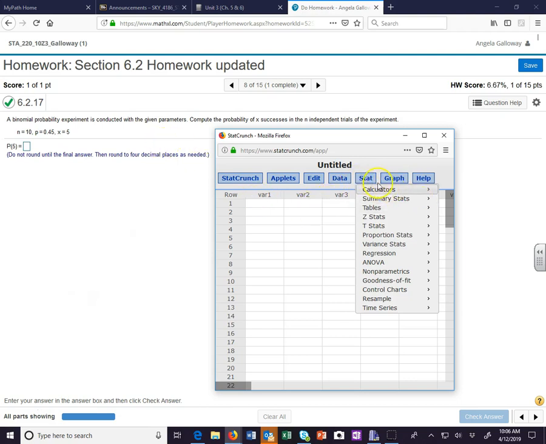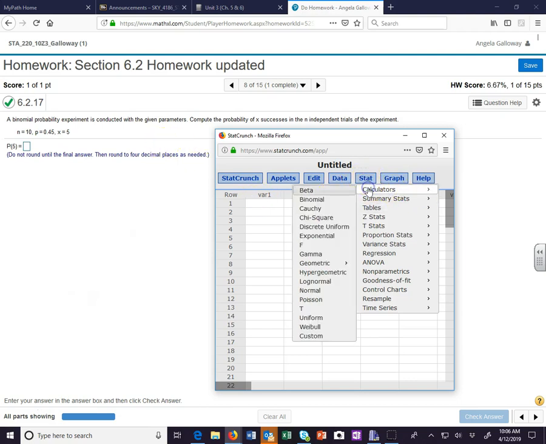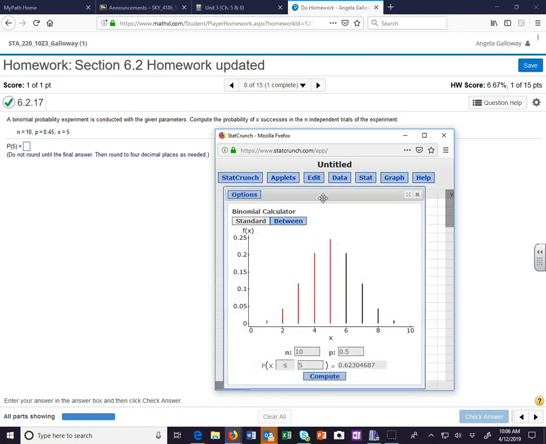For this one, we're going to go to Stat and then Calculators. The stat calculators have all these different probability functions. We're only going to use the binomial and the normal eventually, but the binomial is what we want right now. So click on binomial.